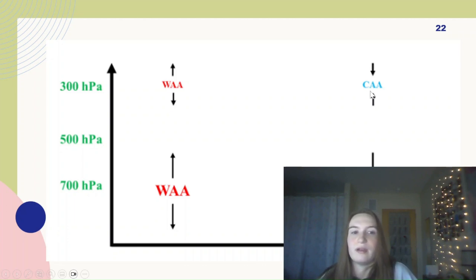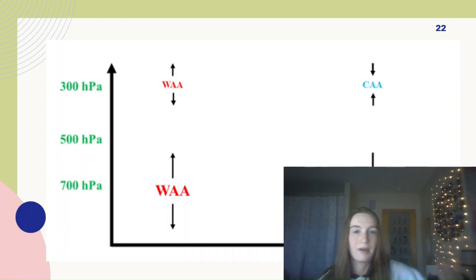And it decreased more below than it did above. So we have height falls, right? It's going down at 500 millibars because our thickness below decreased more than it did above. So we have height falls.